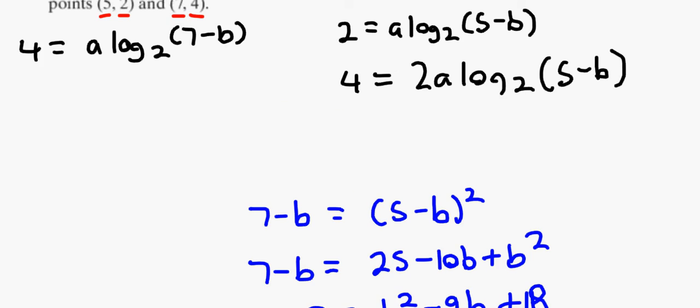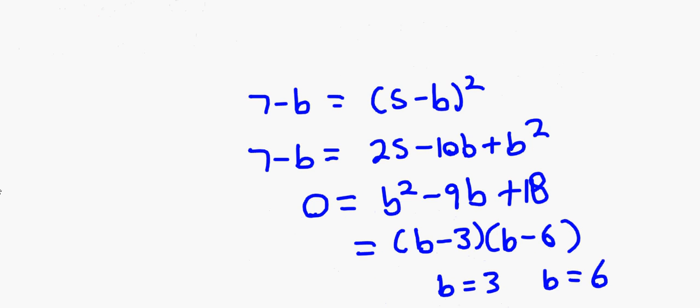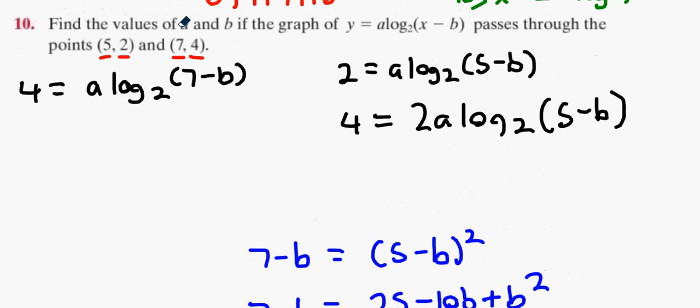Are they both acceptable or is one acceptable? 3 and 6. Why is 6 not acceptable? Can't have a minus log. So the only acceptable answer is 3. Is that okay with you guys?